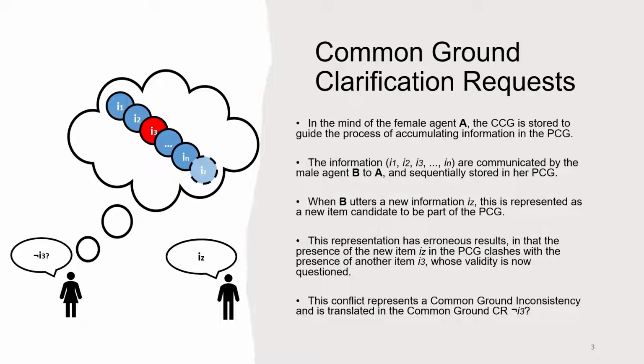At this point, a specific clarification request, like the one we saw in the previous example, can be uttered, and this clarification request has a specific form that explicitly refers to the information that caused the inconsistency.